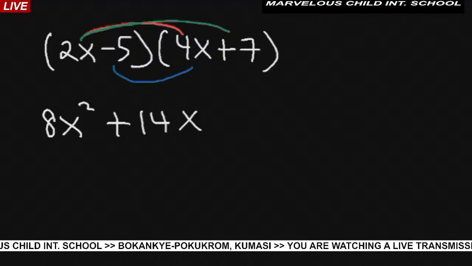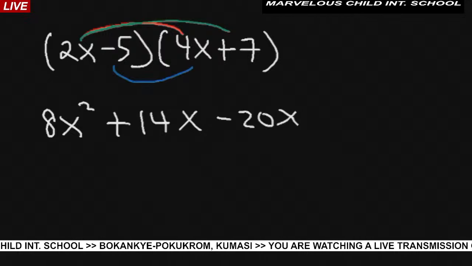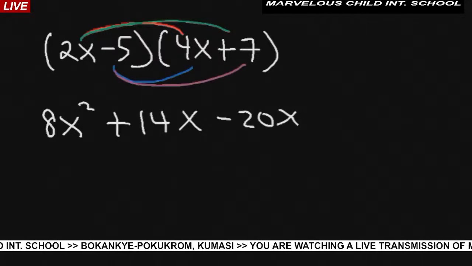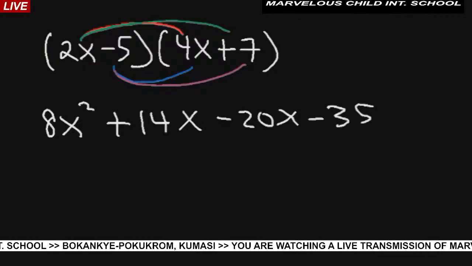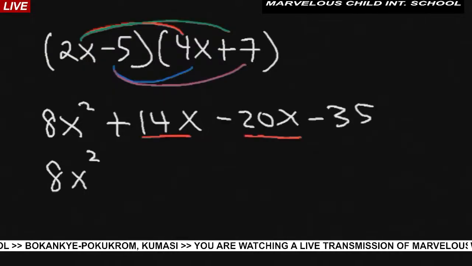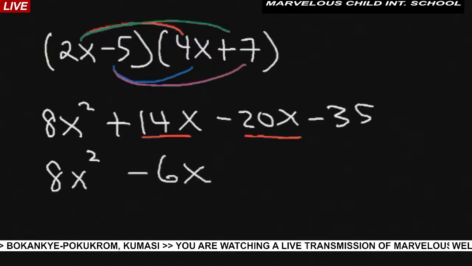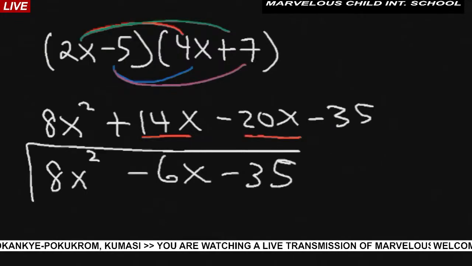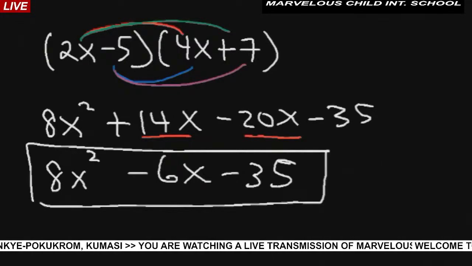Negative 5 times 4x is negative 20x, and negative 5 times 7 is negative 35. So let's add like terms. 14x minus 20x is negative 6x. So this is the final answer to this particular problem. Now what if you see an expression that looks like this?